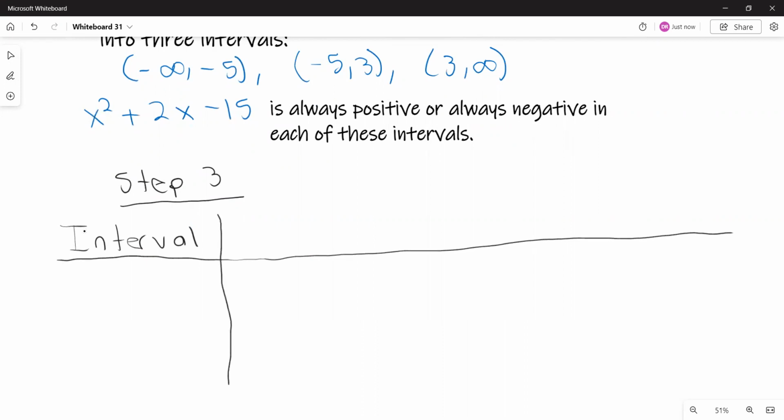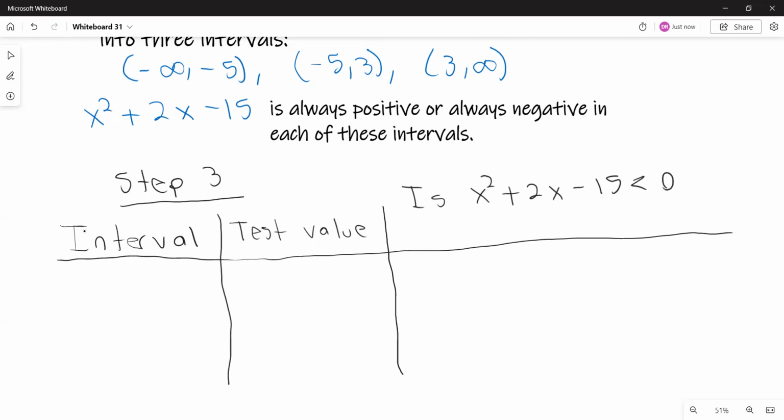We're going to pick a test value and check whether x squared plus 2x minus 15 less than 0 is true or false.